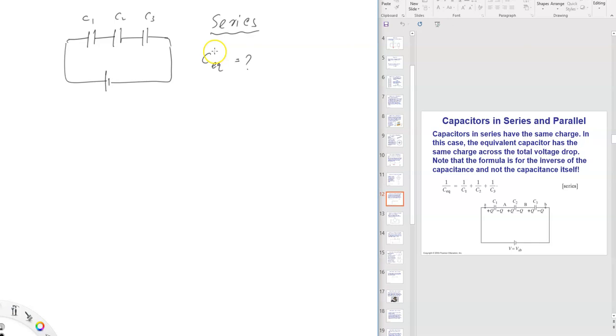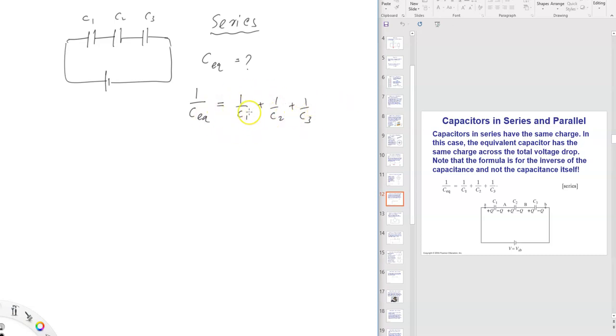Now we can't directly find it. The way we're going to do it is, instead of finding the C equivalent, first we calculate 1 over C eq. The formula for that is 1 over C1, plus 1 over C2, plus 1 over C3. If you have more capacitors, let's say the fourth one, you will add it as 1 over C4. So you do this math first.